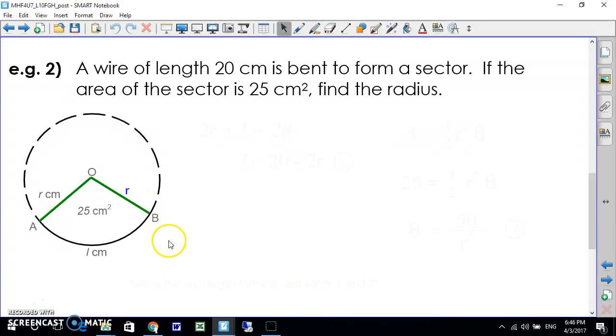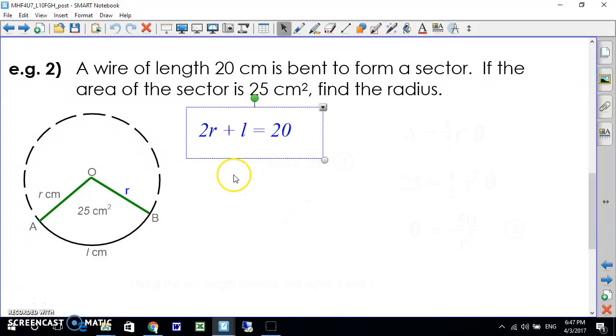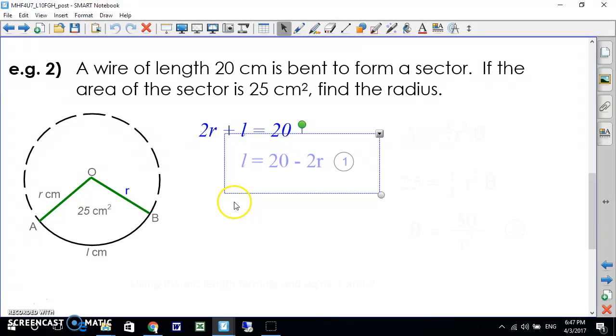So your 20 centimeters is made up of basically AO, OB, and also arc BA. So what we know then is that we have 2 radii plus the arc length equaling 20 centimeters. I'm going to rearrange this equation to get L equals 20 minus 2r and name this equation 1.